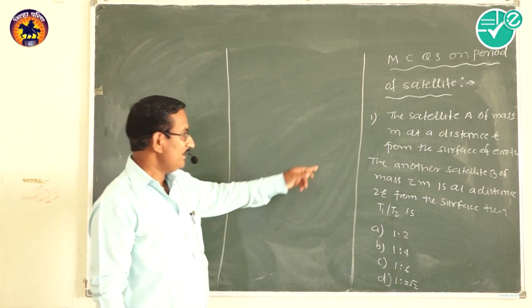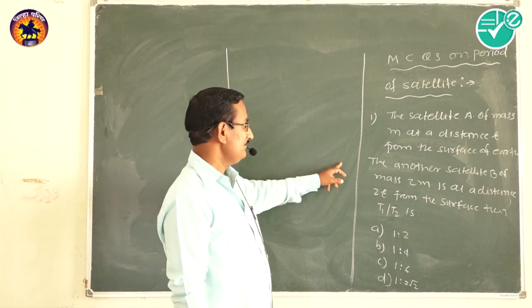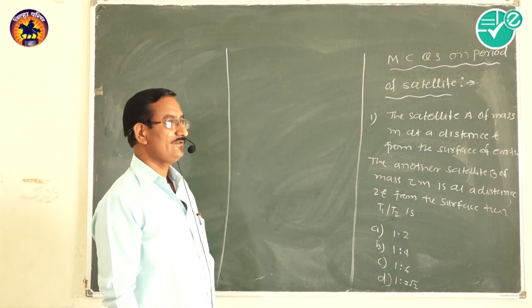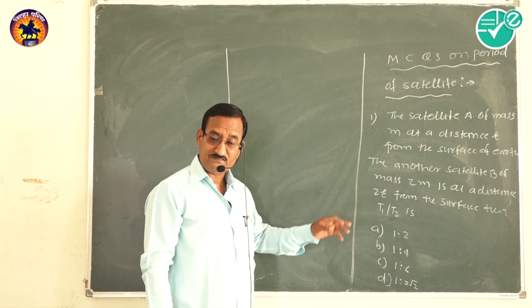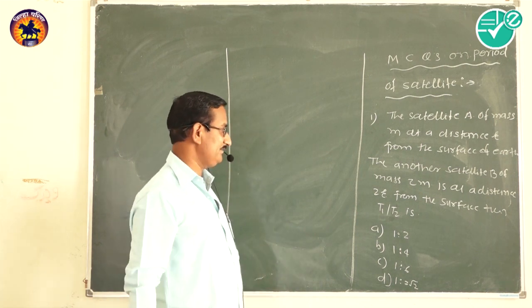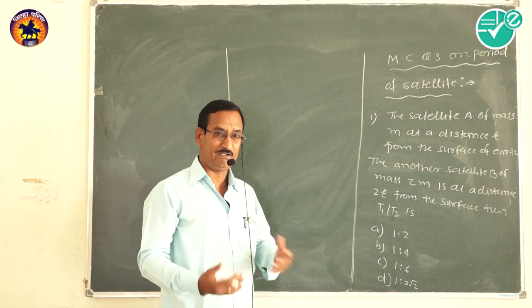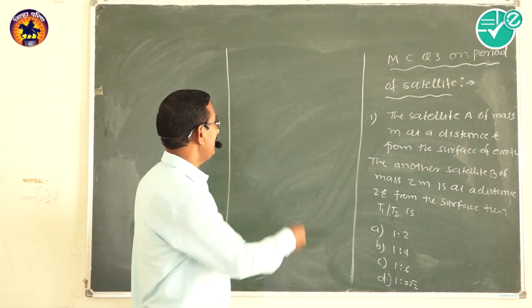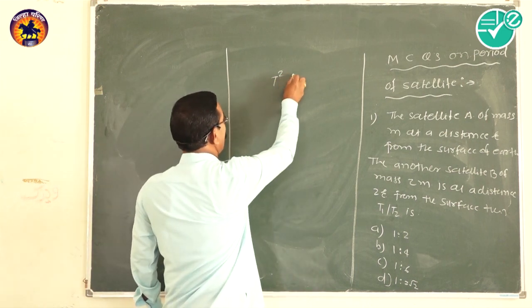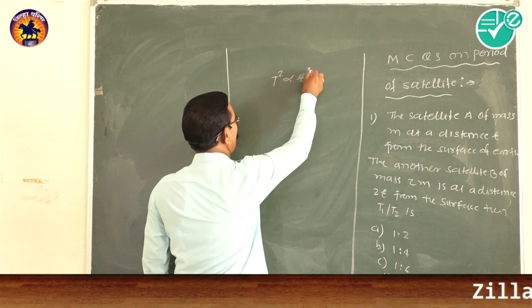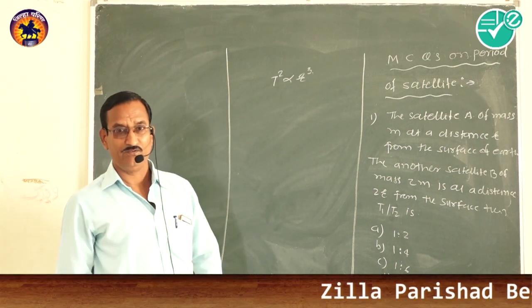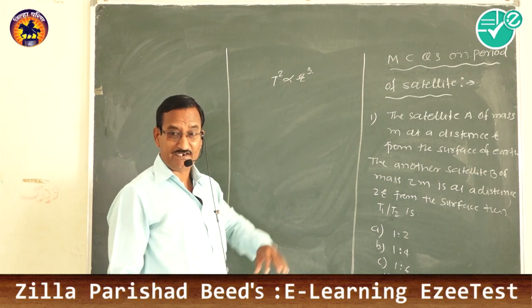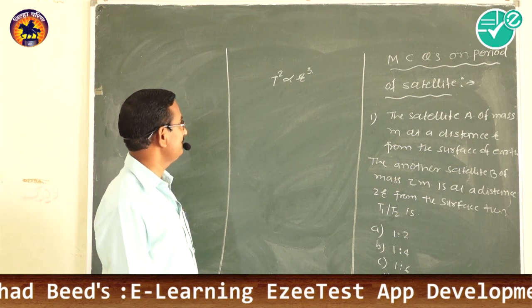Then we have to see that MCQ. We conclude that, according to the definition of the period of a satellite, the equation for the period is given by Kepler's third law, that is T square is directly proportional to R cube, meaning the square of the period of the satellite is directly proportional to the cube of the radius.